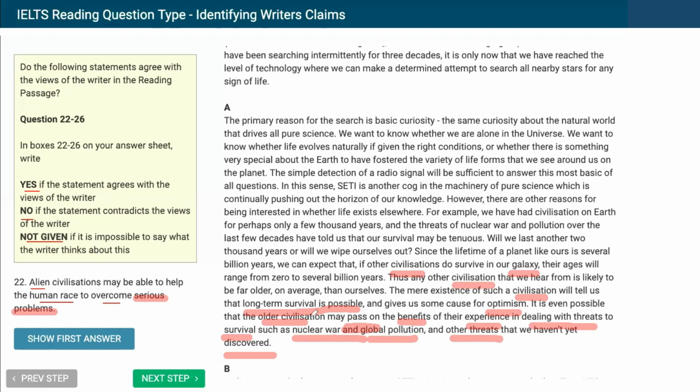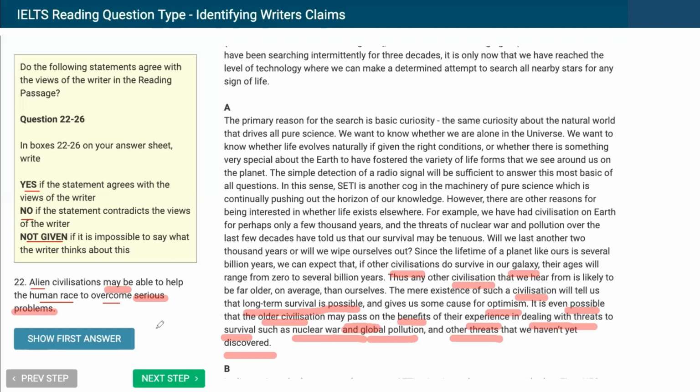Okay, we just need to understand if the writer would agree with this statement based on what is written here. And I would say that the writer would agree because it says it is possible. Here it is may. So this is very similar. Possible, may. The writer isn't saying it's a certainty. The writer is saying it's possible, and this statement says may.